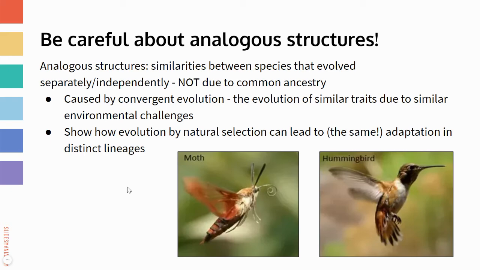The tail fins of fish and whales are another example of analogous structures or convergent evolution. Being in the water, a tail fin helps you swim, so it's an example of how natural selection can lead to the same adaptation in distinct lineages. Analogous structures aren't an example of evolution itself, but they are an example of how natural selection can cause adaptation and changes.